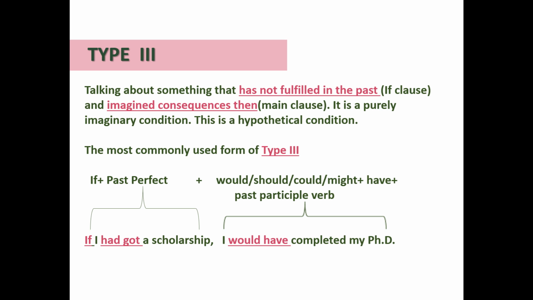Here the person wants to say that I have not completed my PhD because I had not got a scholarship. So now you can understand that in type 3 we are talking about such a situation which has not been fulfilled in the past, right? And we are talking about the result of the unfulfilled past in the main clause.